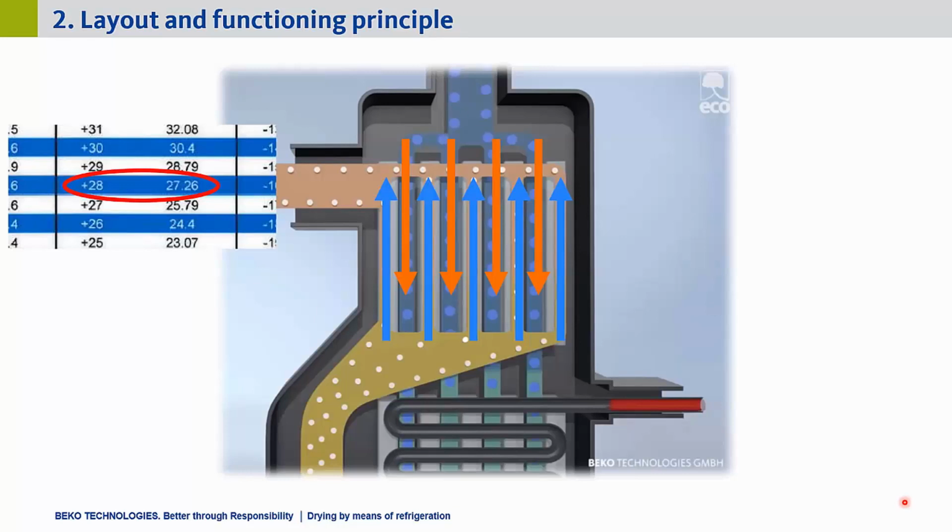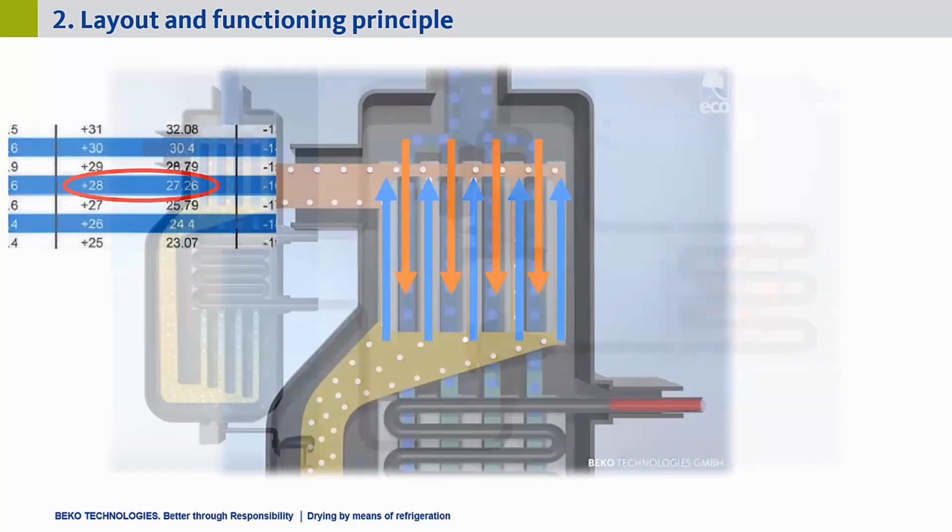So now it has a relative humidity of approximately 20%. 6 grams per cubic meter actual water load, 28 degrees Celsius temperature of the air, and therefore a lower relative humidity of approximately 20%. And now the air is dry.